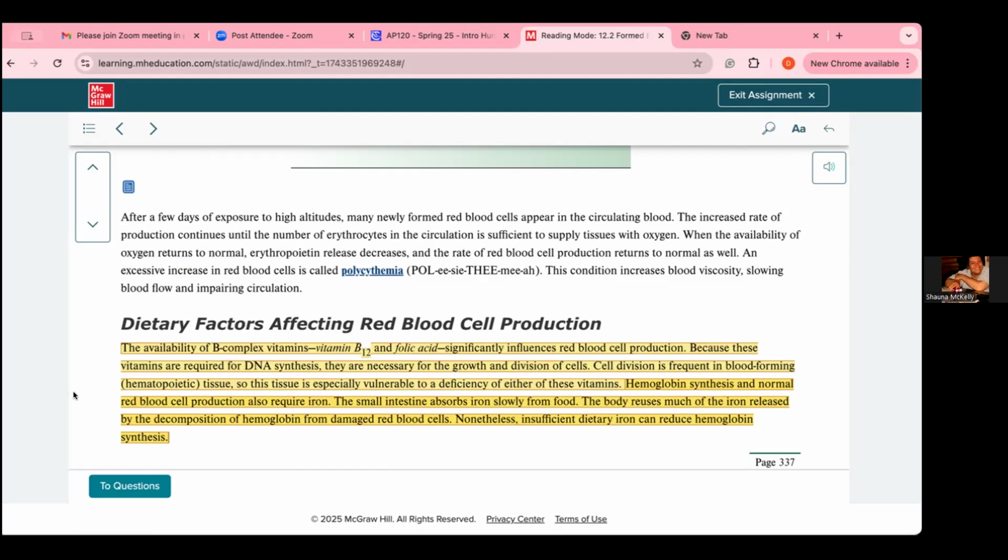So iron is the thing that's needed besides B12 and folic acid. So you can go to the question.